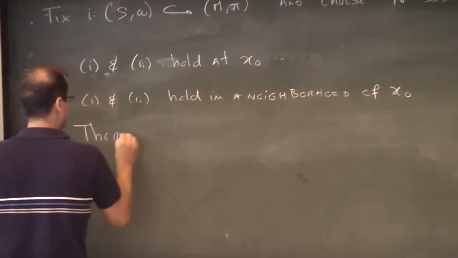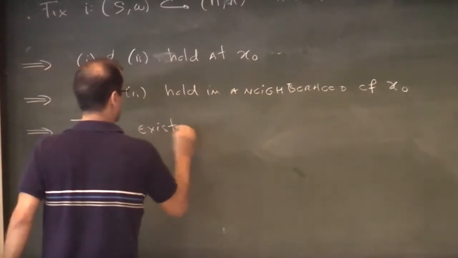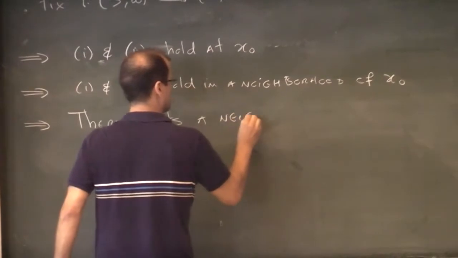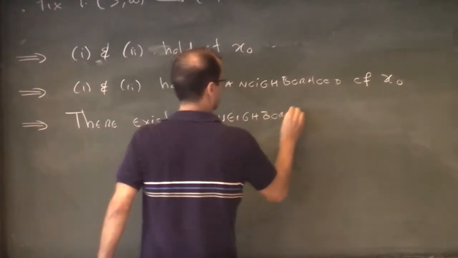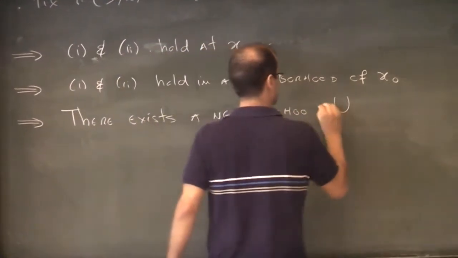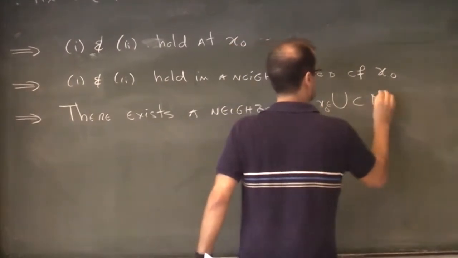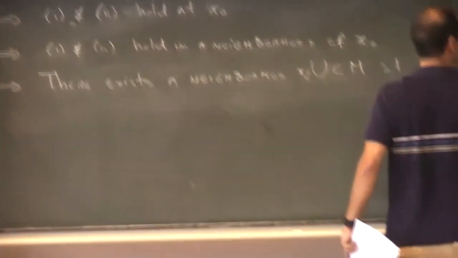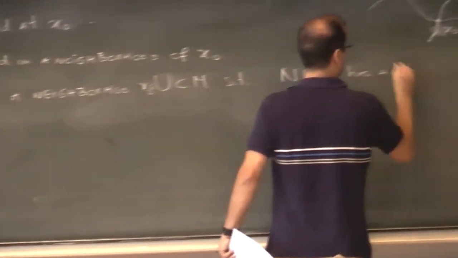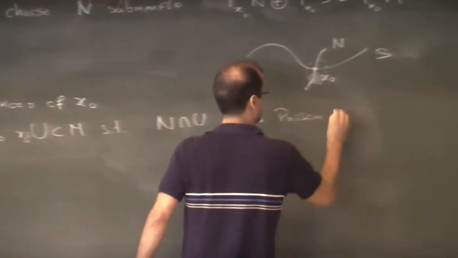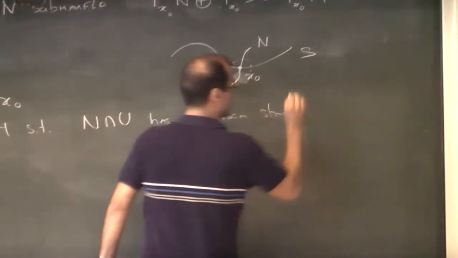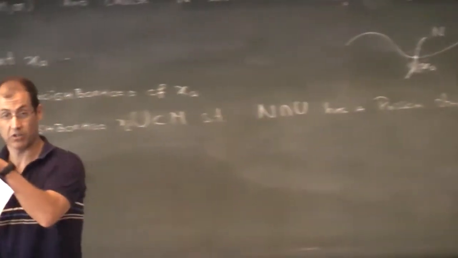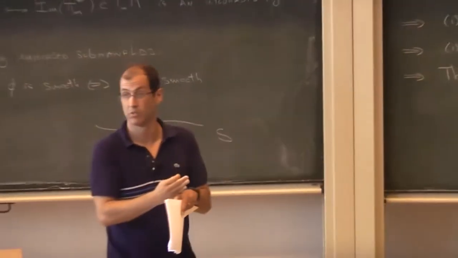So that's a representative for this transverse factor to the symplectic leaf that appears in the Darboux-Weinstein theorem.